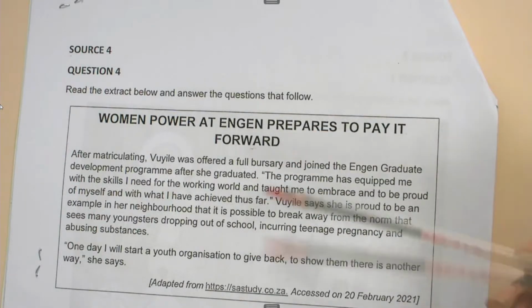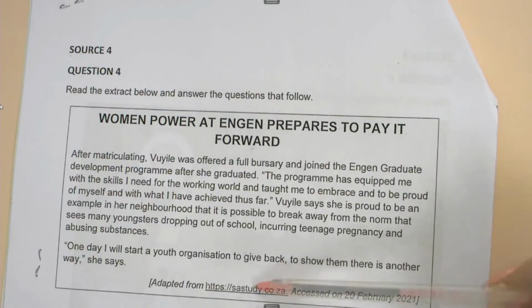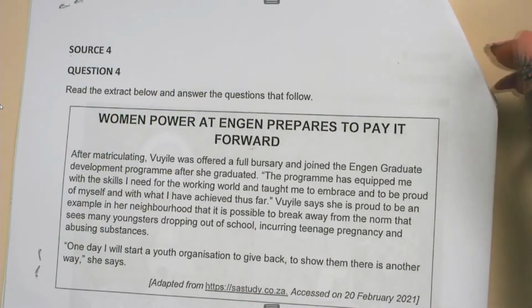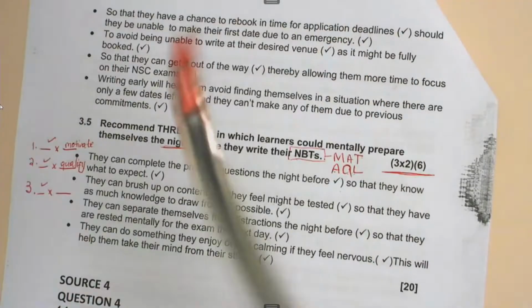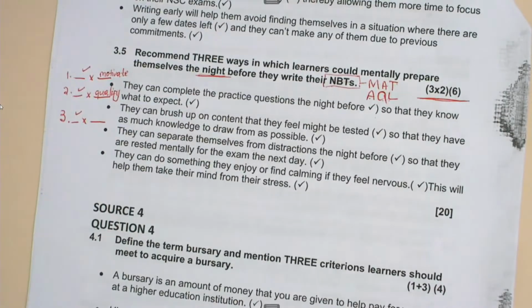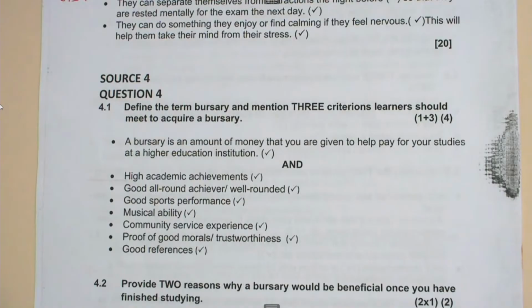It becomes easier if we read the extract, then when we go and mark, it becomes easier for us. This extract has been taken from 20 February 2021. Now, what are the questions? It says, define the term bursary.